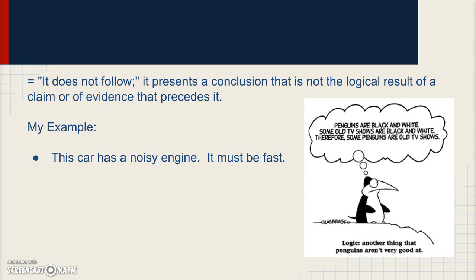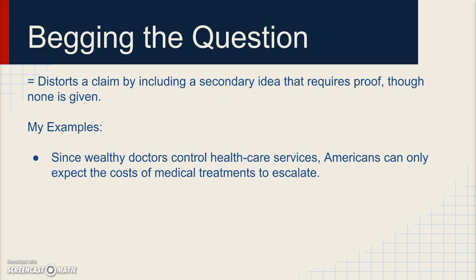Begging the question is the next one. And begging the question distorts a claim by including a secondary idea that requires proof, though none is given. So you try and trick someone into thinking one thing with proof, but you don't really give proof that can be logically proven with evidence.